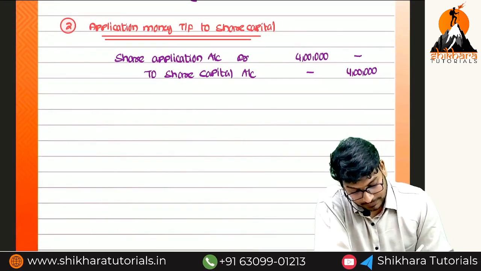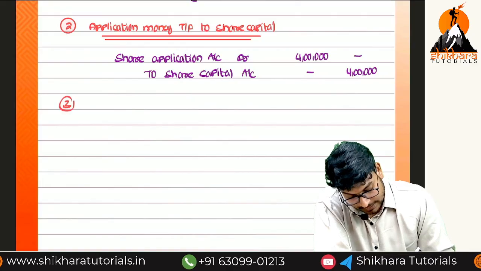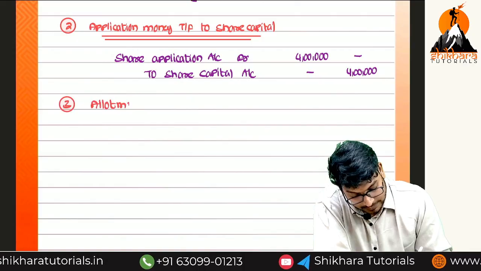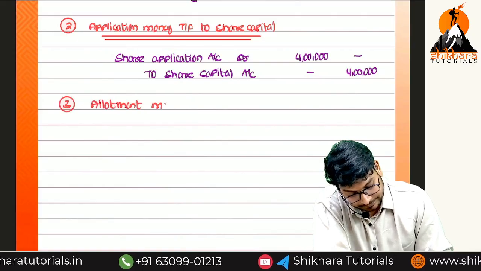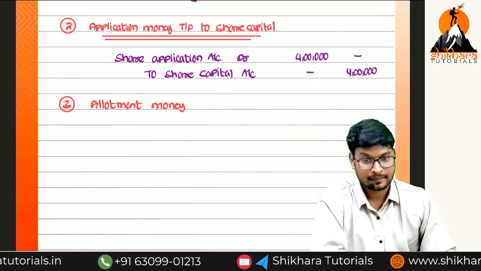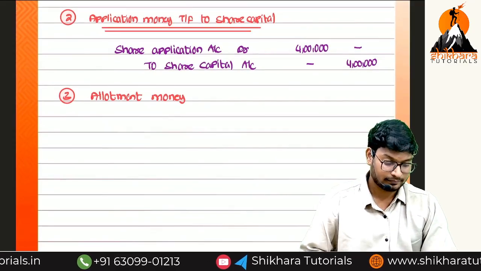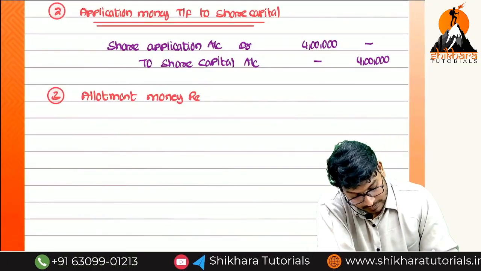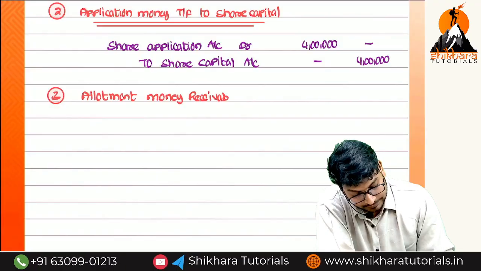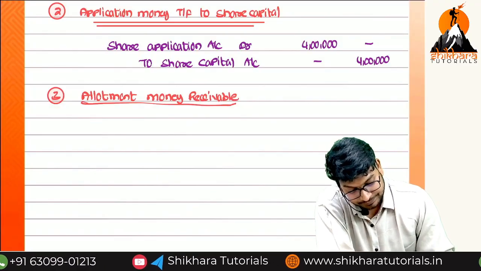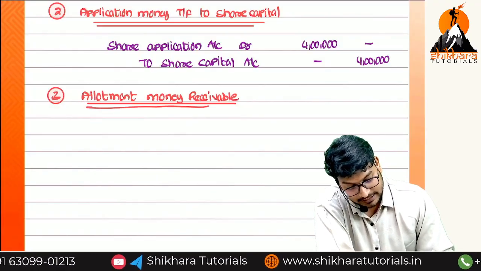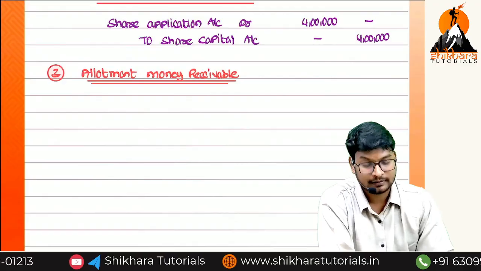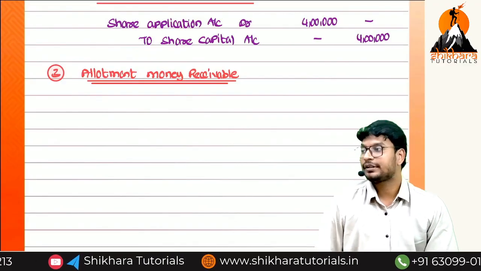What is the third one? Allotment money receivable. What is the entry? Share allotment account debited to share capital, but here the premium amount is also included.